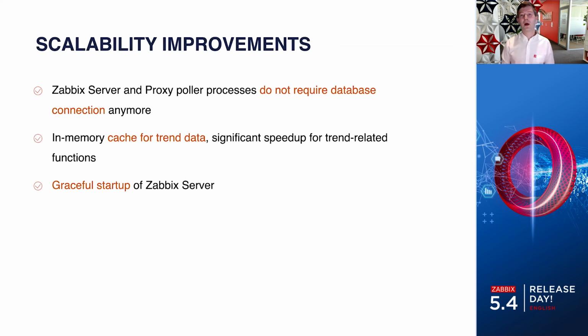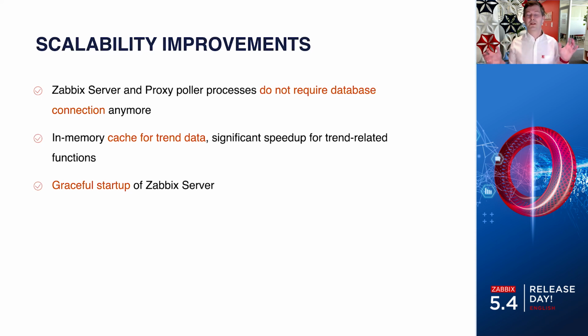We have one customer who has more than 20,000 proxies reporting to a single Zabbix server. And when the Zabbix server goes down, for example, for maintenance, like you want to upgrade from one minor version to another, you have maybe 30 seconds or maybe a few minutes of downtime.